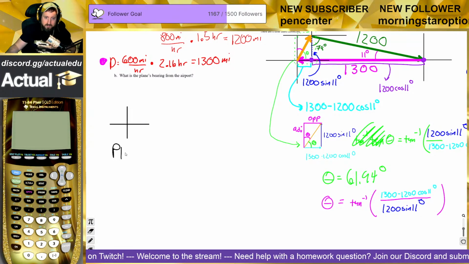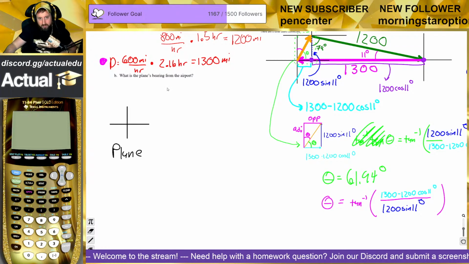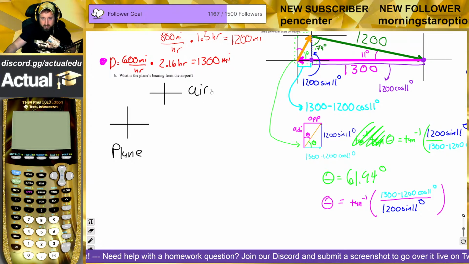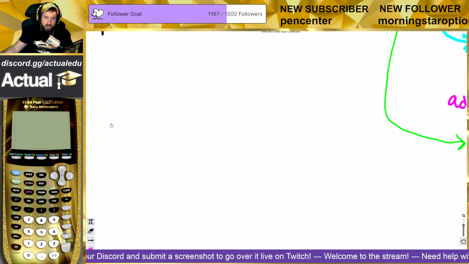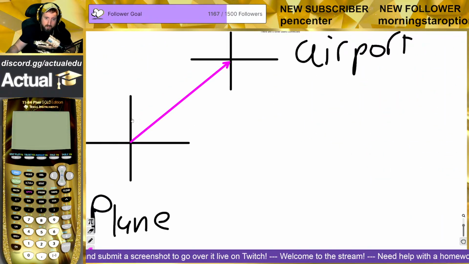Okay, this is the plane. And then this is the airport. So if we're talking about the bearing of the plane to the airport, this is it. This is the bearing.